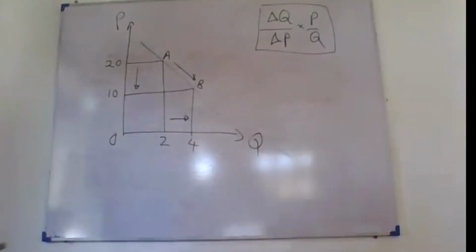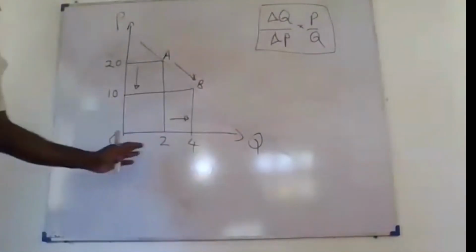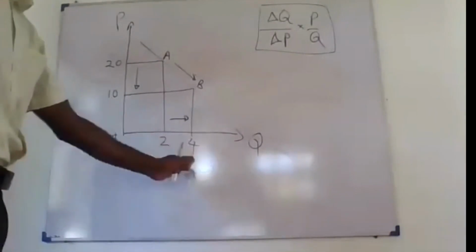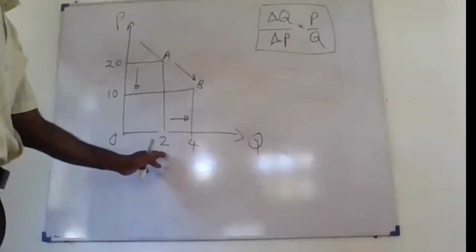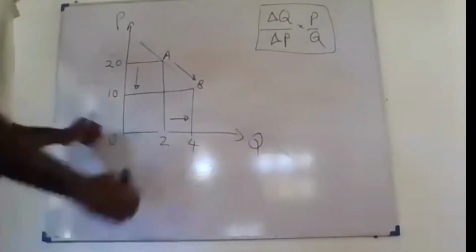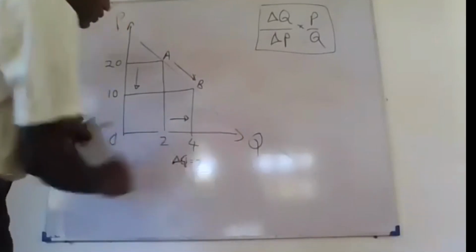So first let's see the delta Q. Delta Q means change in quantity demanded, which is a move from 2 to 4. Initially it was 2, now it is moving to 4. So delta Q is equal to 2.